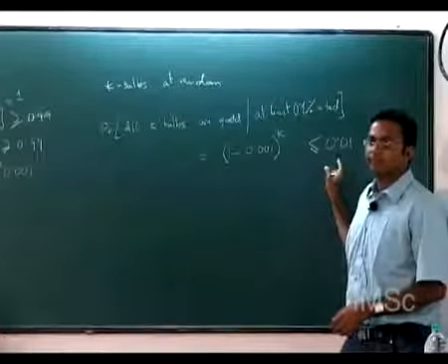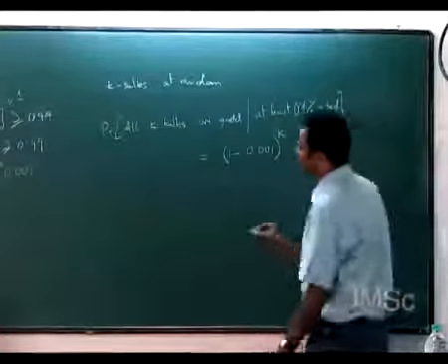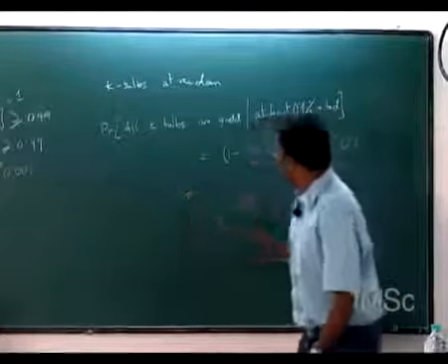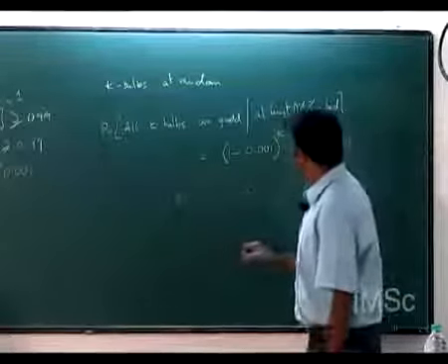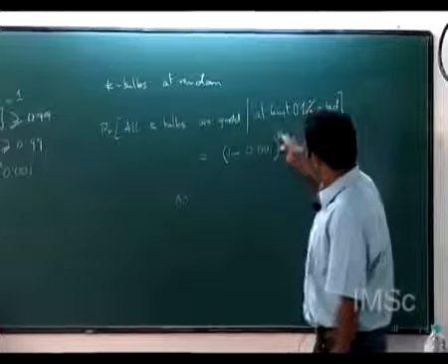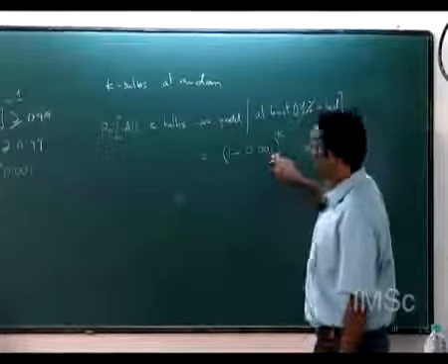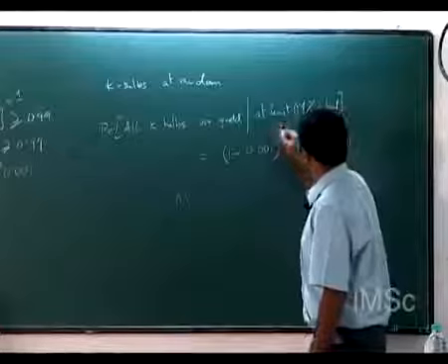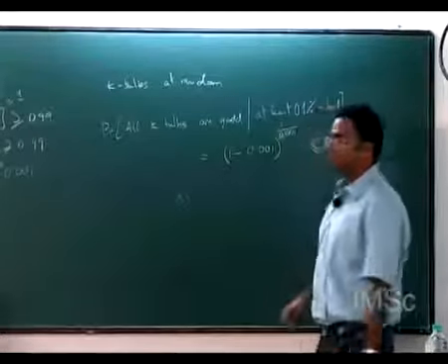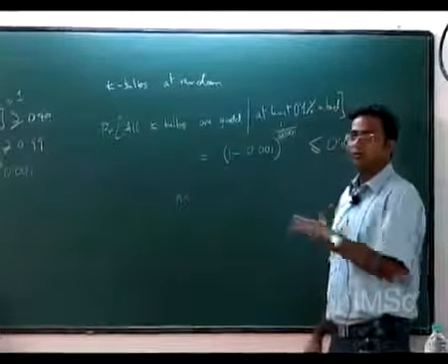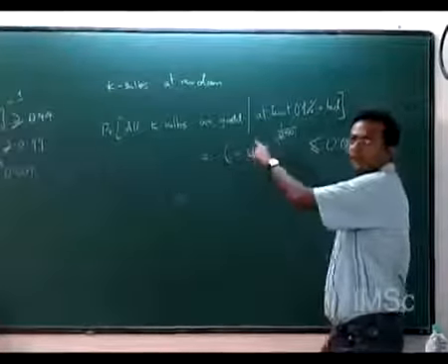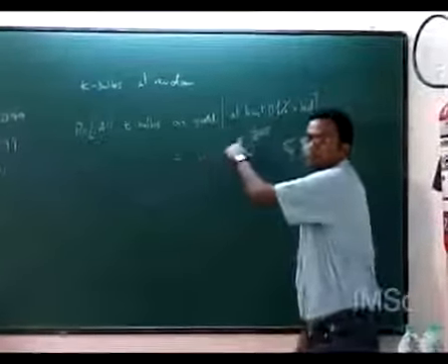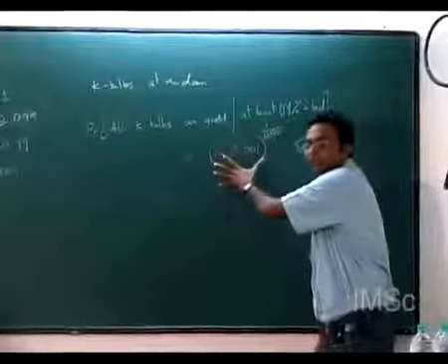Is it clear? So what kind of k will work? If you take k to be something like 1 over this quantity, so let me put this to be 1 over 0.001, then this quantity is exactly 1 over e.